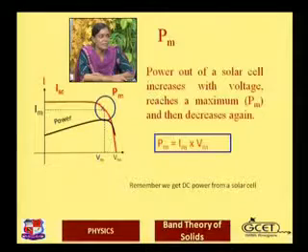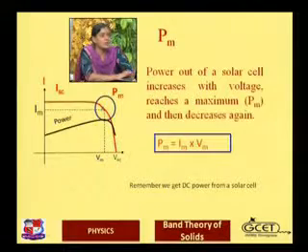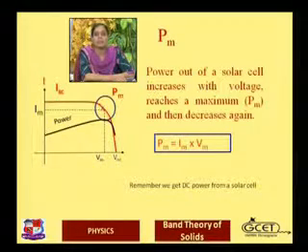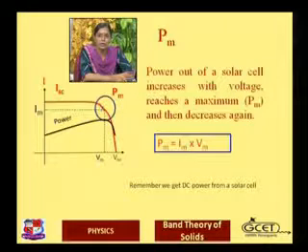It reaches a maximum point and then decreases again. PM is IM cross VM, and we get a DC power from the solar cell, right? So here we can see that on the power curve we have P maximum as the maximum power point, an MPP, and PM is ultimately I max into V max.